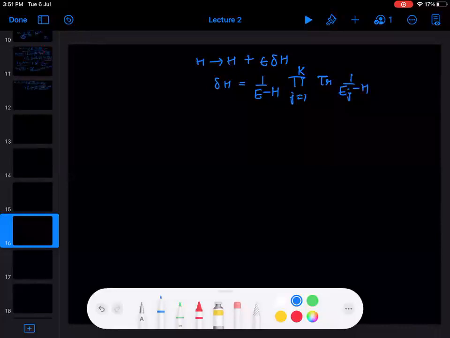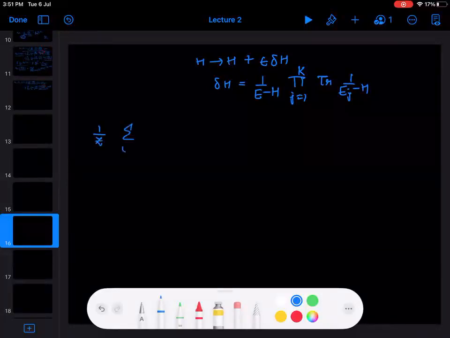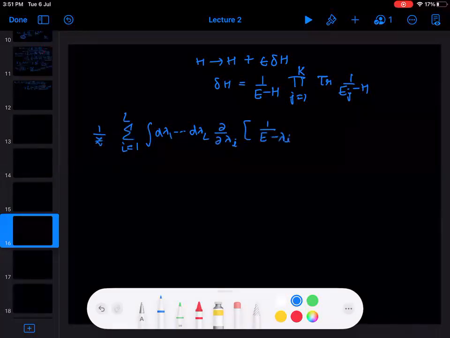Okay, and if you want to write it in terms of eigenvalues, then your equation will be this. Write everything in terms of eigenvalues.